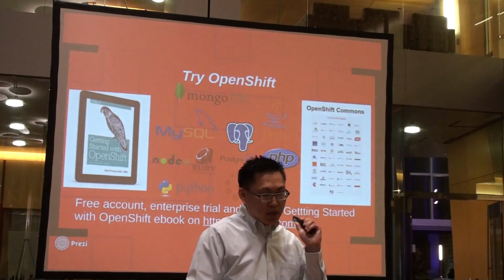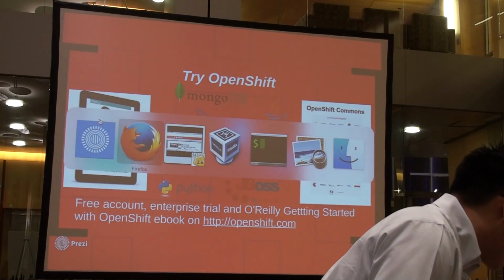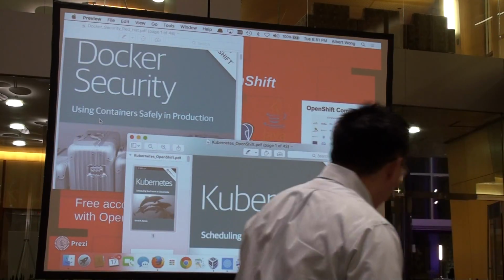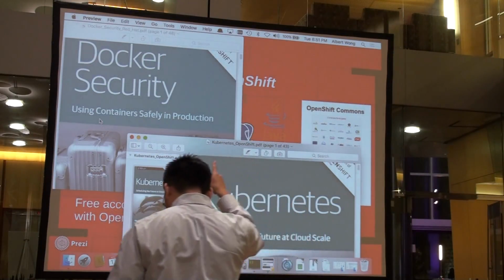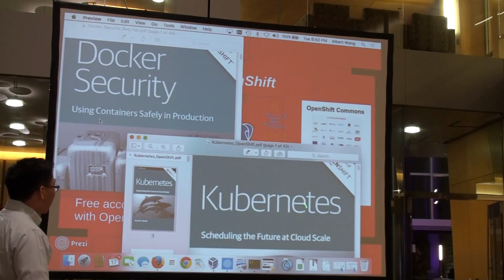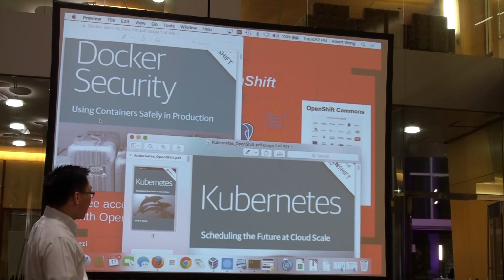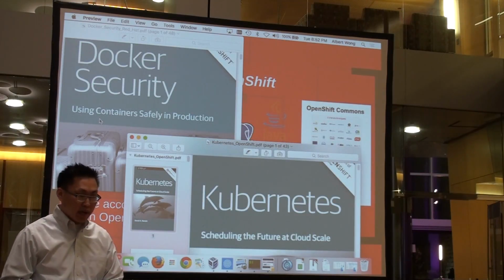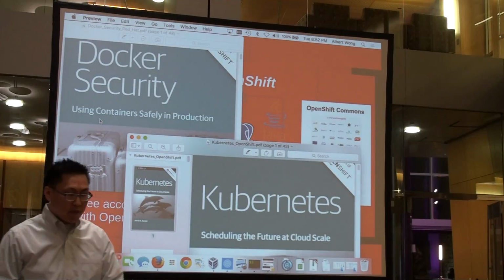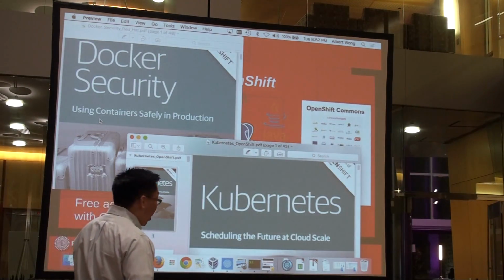I also wanted to talk a little bit about some of the books that I will share with Paul. We have 2 books, actually a third book that we just put out. We wrote this book with Google. It's called Kubernetes: Scheduling the Cloud of the Future. It's a great read. It talks about the philosophy, how it is built, and what it's trying to solve.